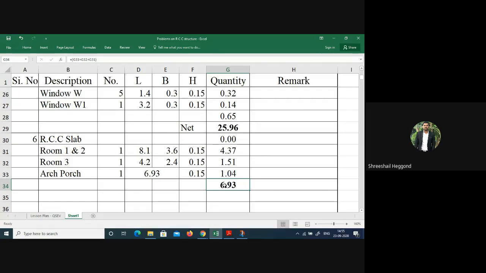Okay. Next is internal plaster and external plaster.